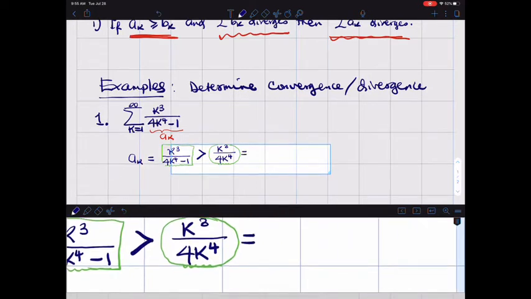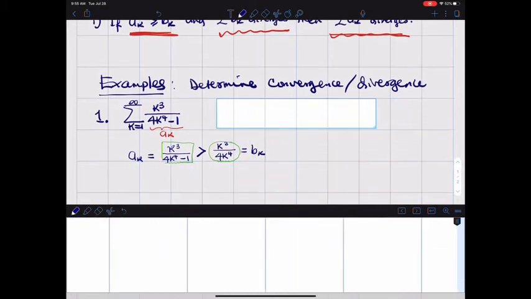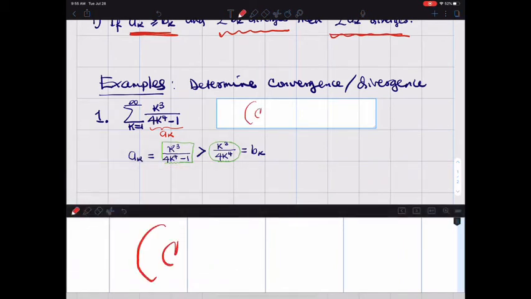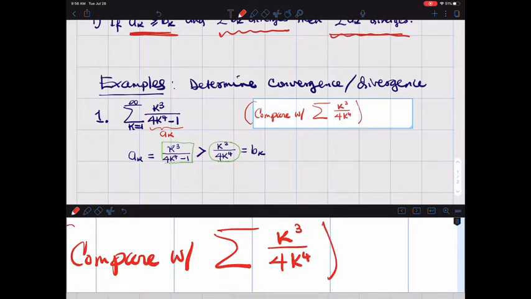I'm going to call this my b_k. So I'm going to compare my series with k to the power of 3 over 4k to the power of 4.